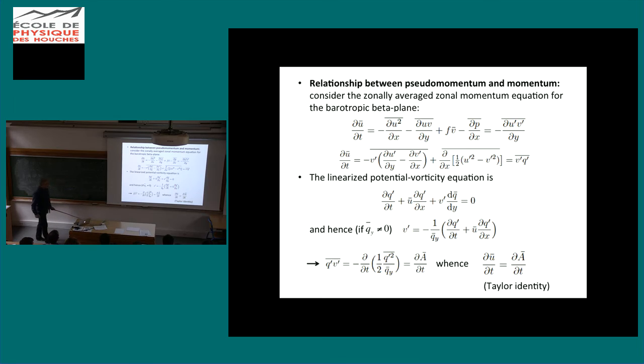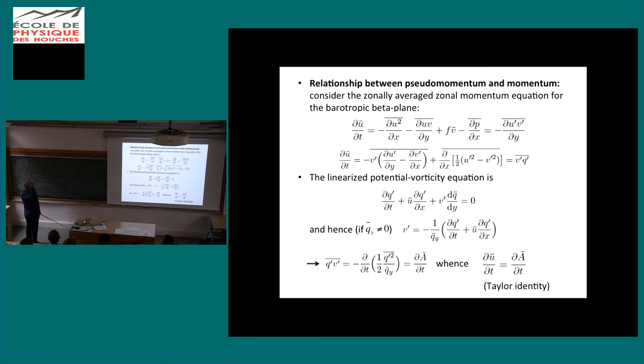So you can relate this PV flux to minus d by dt of this quantity here. This is exactly our wave activity, so this is just d by dt of the A. So actually there's a relationship between the mean flow acceleration and the wave activity change, which is called the Taylor identity, and it goes back to G.I. Taylor. So it's a very old relationship.